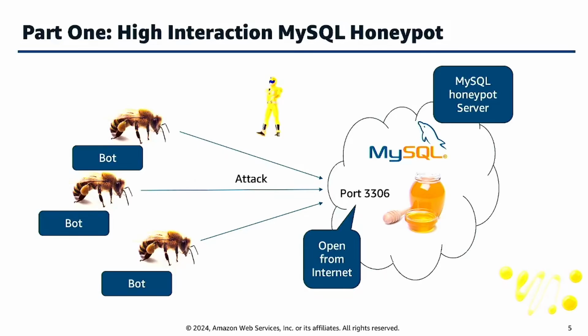The moment you open your MySQL server or any database server to the public internet, you will start seeing connections. People will find those servers and will try to connect to them. Those are the bots that are trying to attack your server, and we are after that.